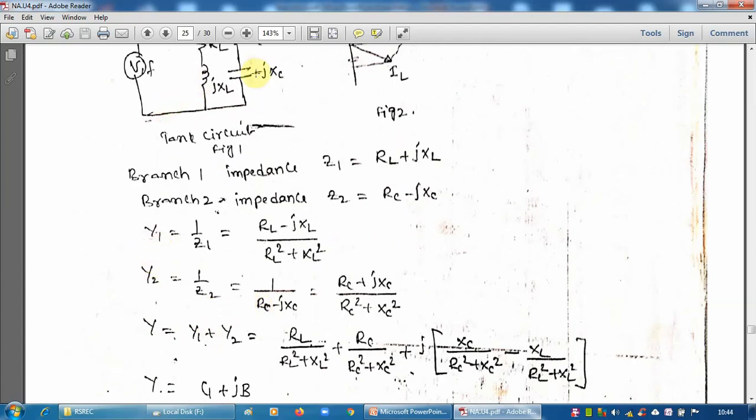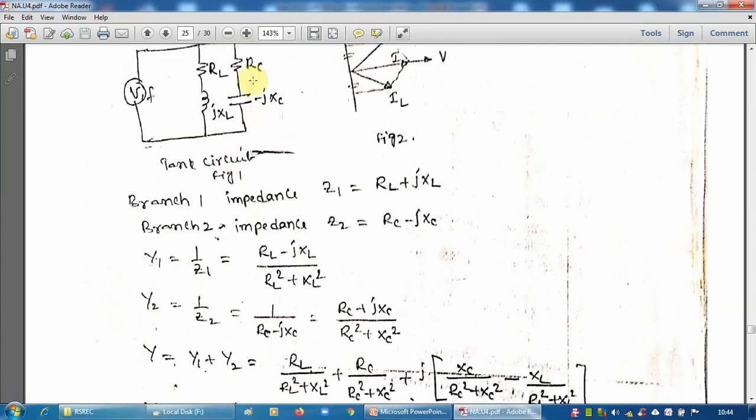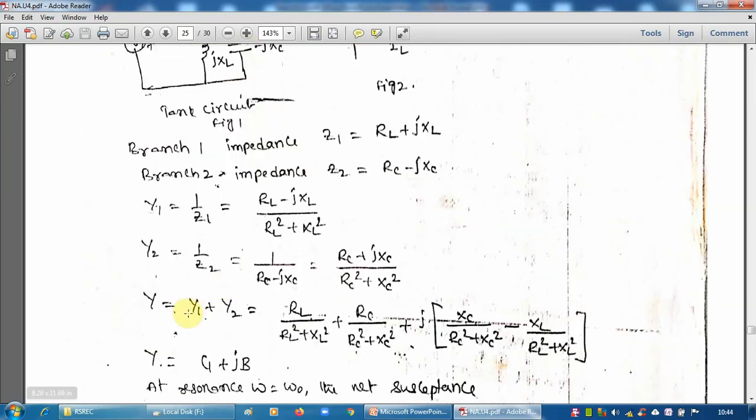If both are expressed in the form of admittances, then the total admittance of the parallel circuit equals Y1 plus Y2. This you can remember: in terms of admittances, the total admittance of a parallel circuit is simply equal to the sum of all the admittances. So total admittance is Y1 plus Y2. Here Y1 is 1 by Z1, and that is simplified or rationalized like this.